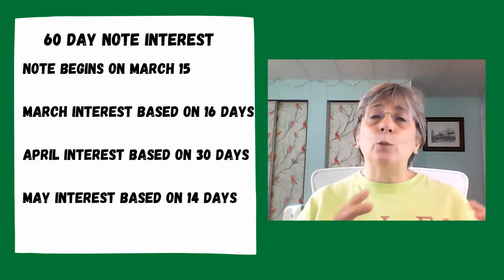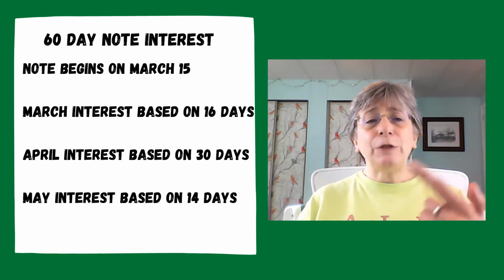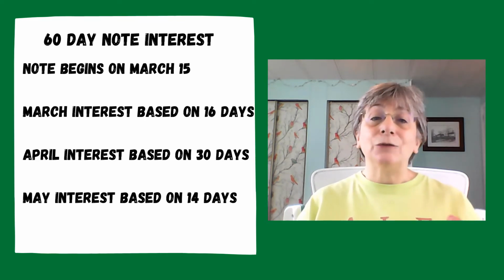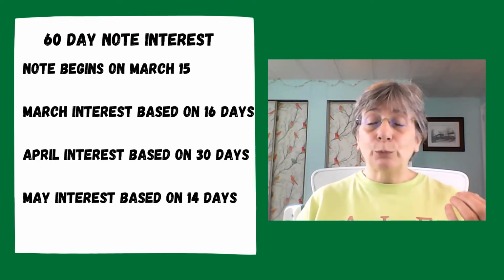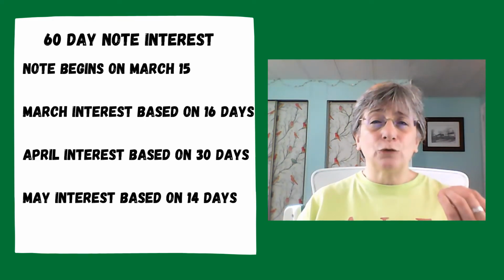So let's say that we have a 60-day note. So here's how we're going to figure the interest. We'll say that the note begins on March 15th. So from March 15th to March 31st is 16 days. So in the month of March, we want to make sure that we're booking 16 days worth of interest revenue.